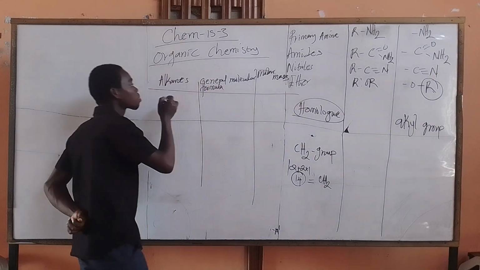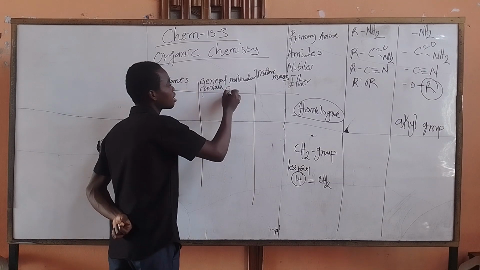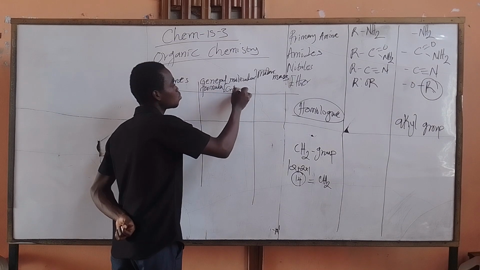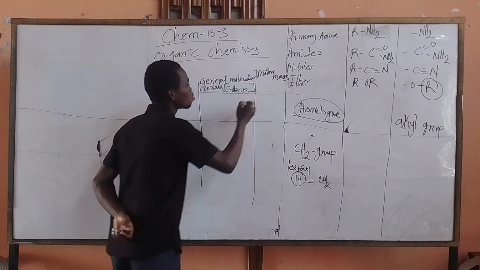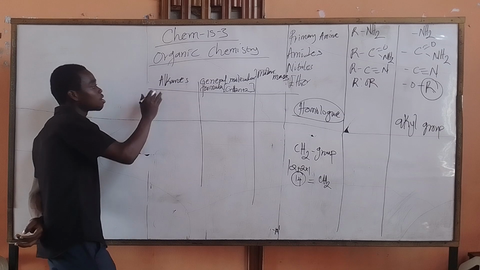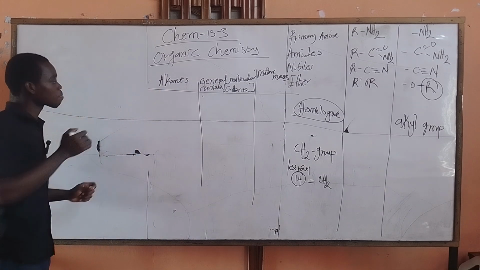So let's see. The general molecular formula for alkane is CnH2n plus 2.